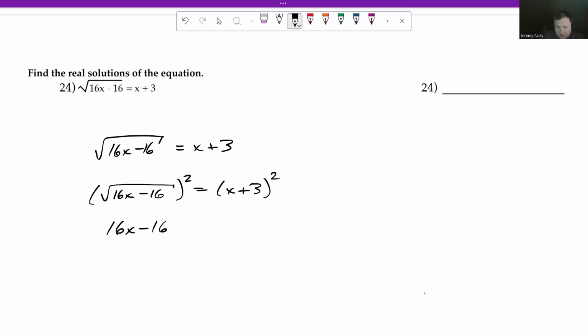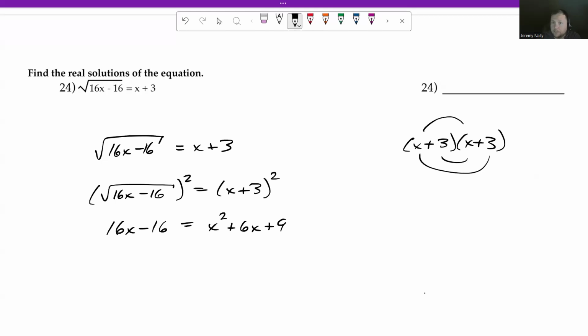And if I'm taking x plus 3 times x plus 3, that's going to be x squared plus 6x plus 9, right? Because if you take x plus 3 times x plus 3, you have to FOIL it out.